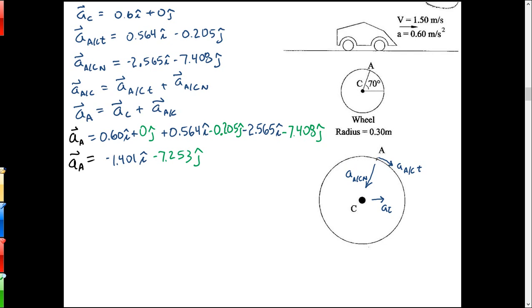So that's the acceleration of point A. That's a little bit of relative acceleration, and it's the same idea as velocity. It just has a little more complication in that you have to consider two components to the acceleration of A about C.